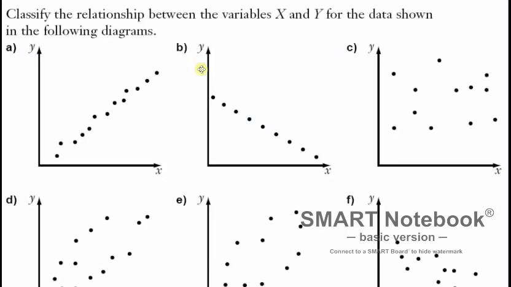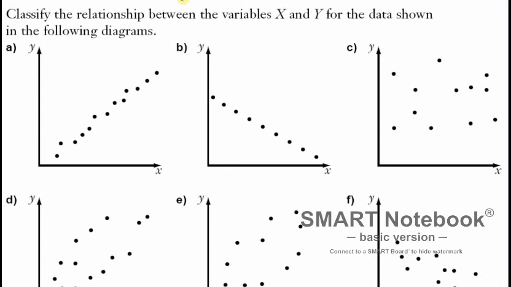Taking a step back, let's just make sure we know what some of these words mean. I've got some scatter plots here, and we're just going to quickly go through each one and give it the correct descriptors as to what this data is showing. This first scatter plot, no doubt it's showing positive, but is it showing strong, perfect, moderate, weak? Well, this is where it becomes a little bit subjective when we don't have exact numerical data to lean on.